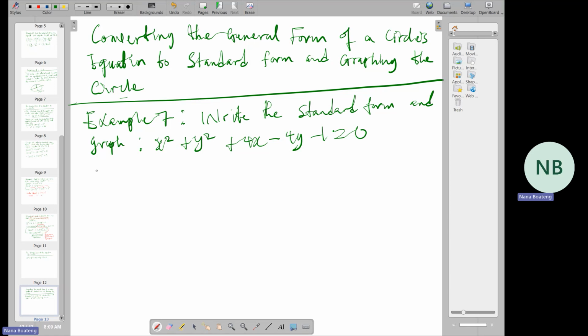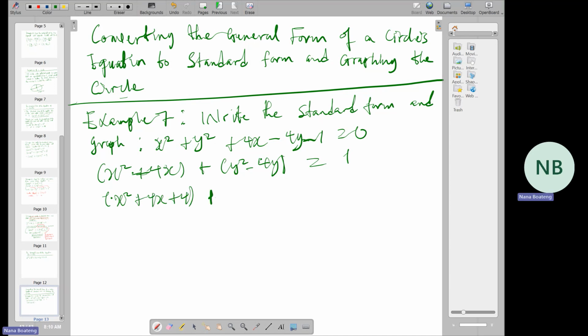We said this is x squared plus 4x plus y squared minus 4y minus 1 is equal to 0, and we added 4 here. x squared plus 4x plus 4 plus y squared minus 4y plus 4.